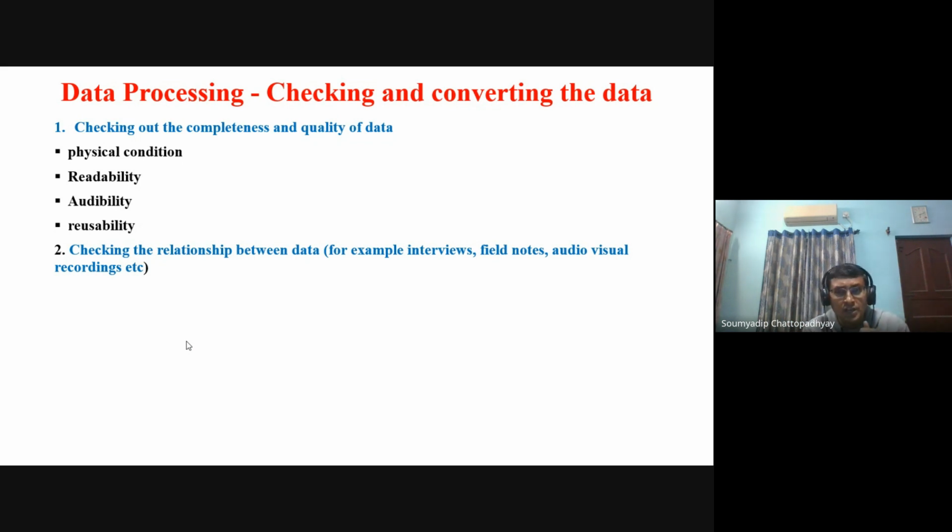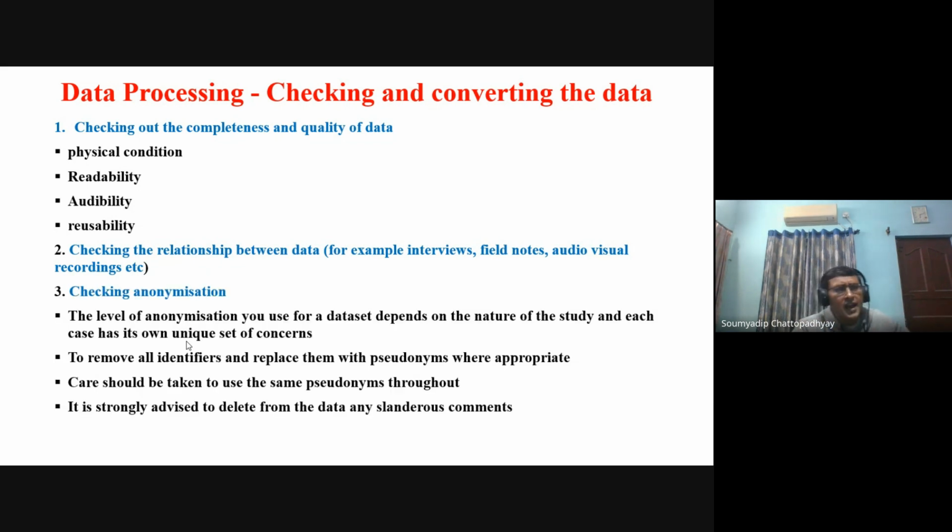Then it is your responsibility to check the relationship between the data: whether the story coming from the key informants is in sync with the story coming from the general members. It is really challenging as a researcher to check the relationship between the data from interviews, field notes, audio-visual recordings, and so on.